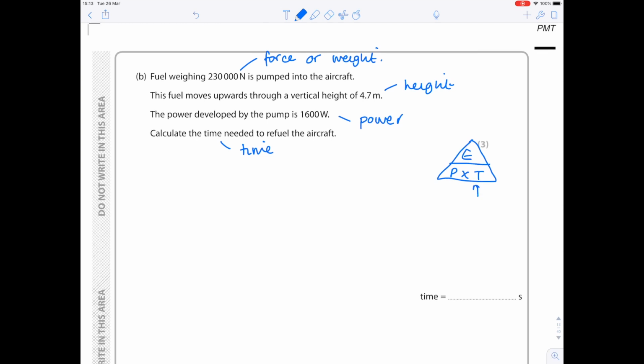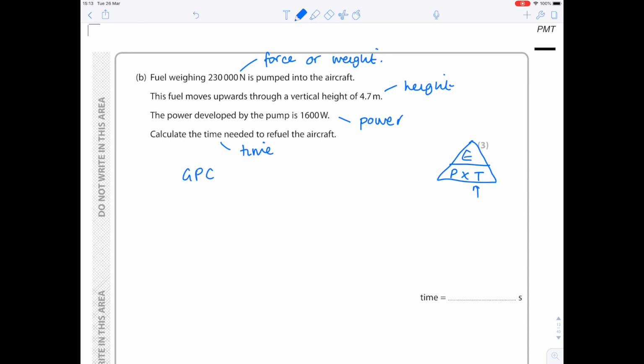However, although we need to find the time, we've been given the power, we don't know the energy yet, so we need a different equation which will enable us to find the energy, and this equation is going to be GPE equals mgh, which states that gravitational potential energy, so a type of energy, is mass times gravity times height. So let's do that calculation initially.